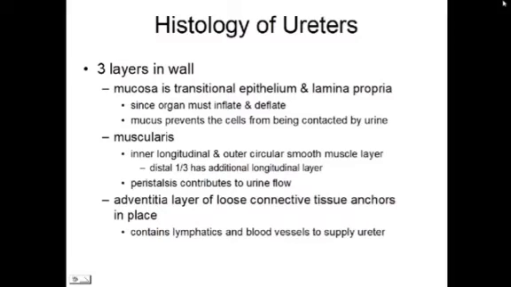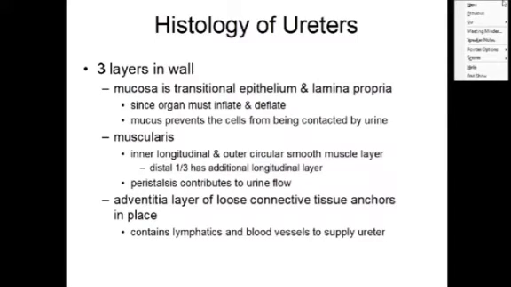We have studied in first year MBBS about the transitional epithelium, which in the standard state of the bladder or the ureter becomes a flattened epithelium, only 2 to 3 layers in thickness, and when there is contraction of the bladder, that is when there is emptying of the bladder, the epithelium becomes 7 to 8 layers thick. The mucus prevents the cells from being contacted by the urine.